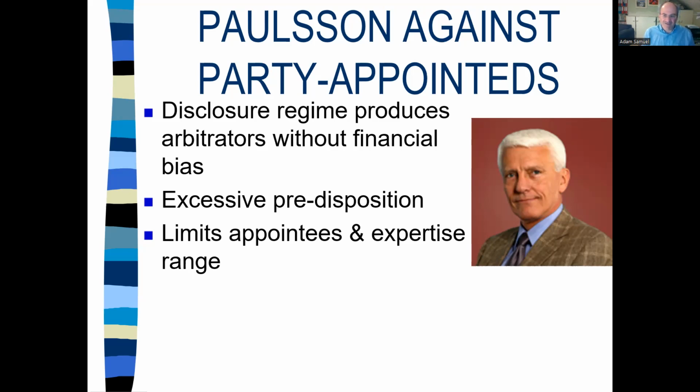This produces tribunals with too many lawyers and not enough accountants and not enough engineers and quantity surveyors. If we have a look at the perfect tribunal in an engineering dispute, it might be lawyer, engineer, quantity surveyor. You'll never get that if the two parties are appointing two of the arbitrators.